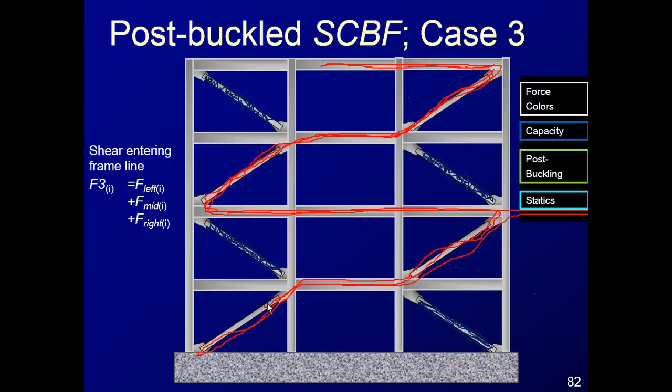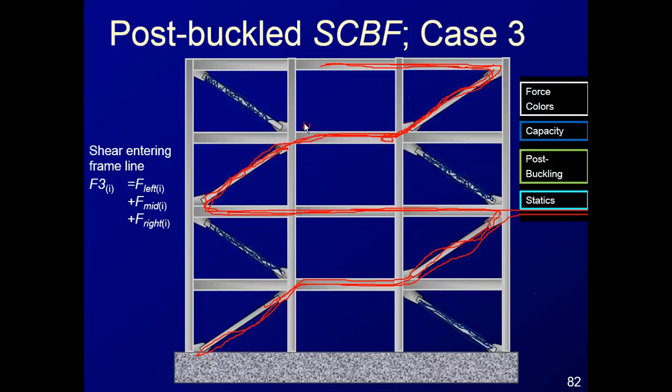Yeah, I think the code definitely allows you to consider composite action, but it does introduce some additional considerations. One is how the load gets into the concrete. Looking at this frame on the screen right now, we have load that's in the brace, in the gusset, flows through this connection into this beam, and then at the other end of the beam flows into this gusset.